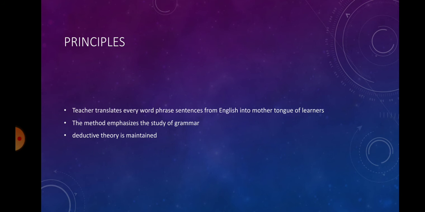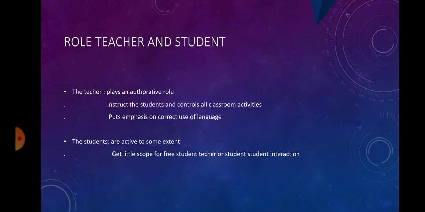It means that we go from the rule to the example, you can understand. So the deductive theory is maintained here. Now, what are the roles of teachers and students in the grammar translation method? The teacher plays an authoritative role.